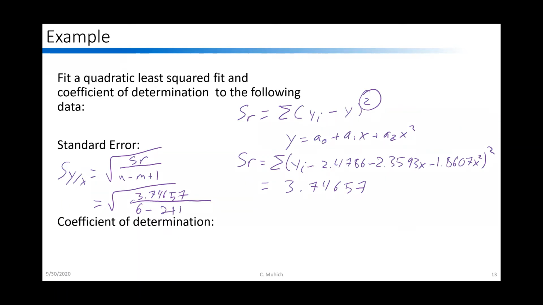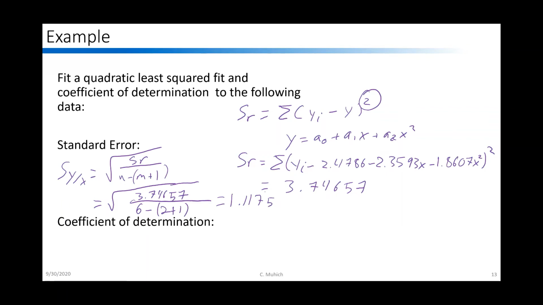I'm going to put in my parentheses. So we have this overall equation. When I punch out the numbers, I have a standard error of 1.1175. So in general, my fit's pretty good.